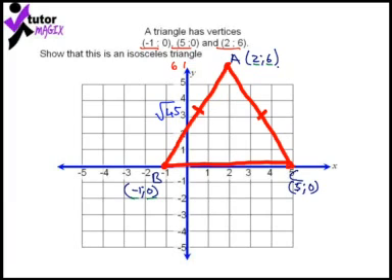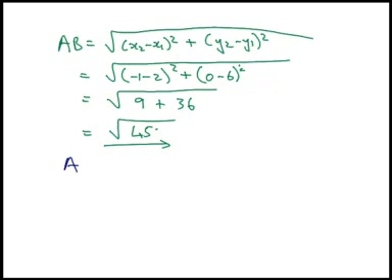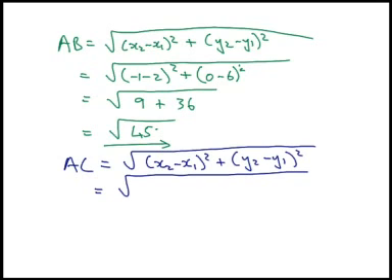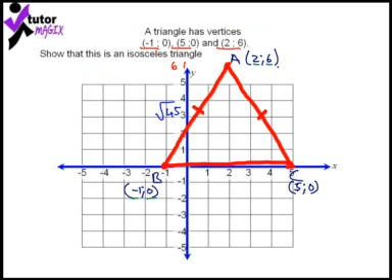And then we do the same for AC, the length or the distance between A and C. Same formula: x2 minus x1 squared plus y2 minus y1 squared. Again, let's call this x2 and y2.